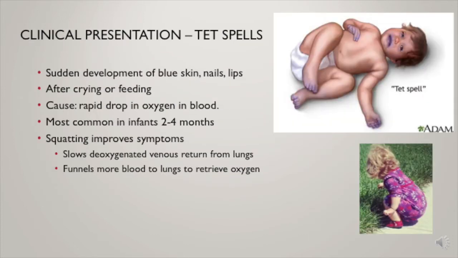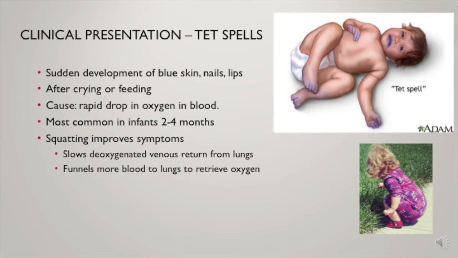TET spells are one more severe manifestation of cyanosis. These are most common when breathing has been limited, like after crying or feeding. Young infants have TET spells more frequently because they've not yet learned how to manage them. What parents and babies learn is that pulling the knees to the chest helps to reduce blood flow in and out of the legs.